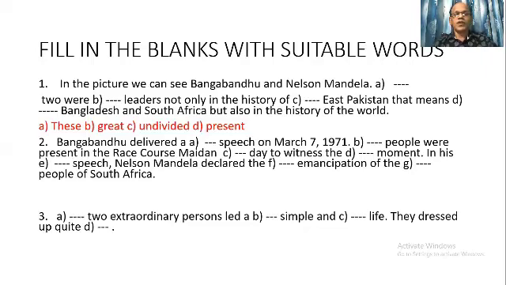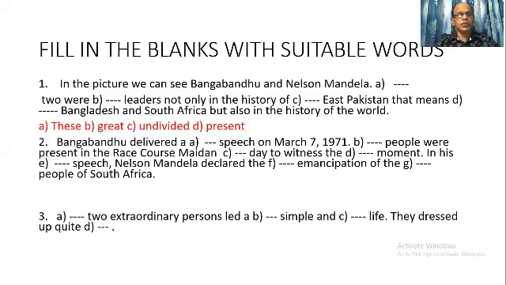Not only in the history of undivided East Pakistan, undivided is an adjective describing East Pakistan, and then the present Bangladesh. Present is another word which qualifies Bangladesh, an adjective here. So these are the words I have got to fill the blank spaces.